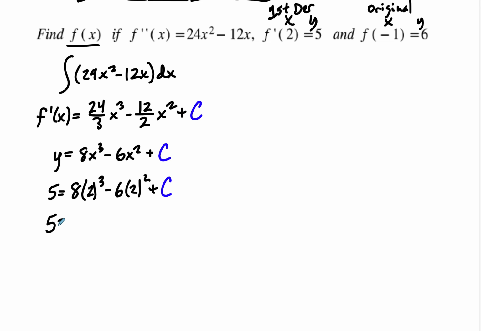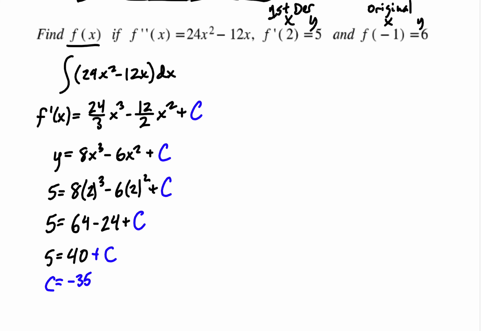We've got 5 equals 8 times 2 cubed, which is 8 times 8 is 64, minus 6 times 2 squared, which is 6 times 4 is 24, plus c. All right, well, that now is going to say 5 equals 40 plus c. And so now we know that c, what I was trying to find, equals negative 35, right? We just subtracted 40 from both sides.